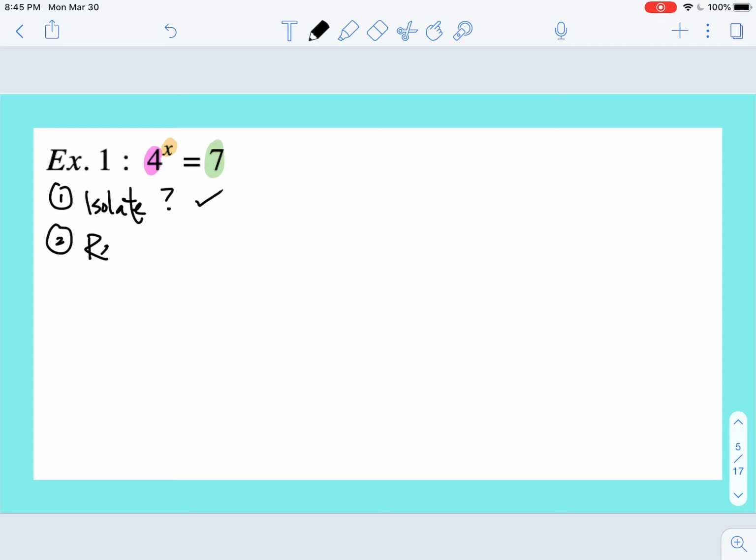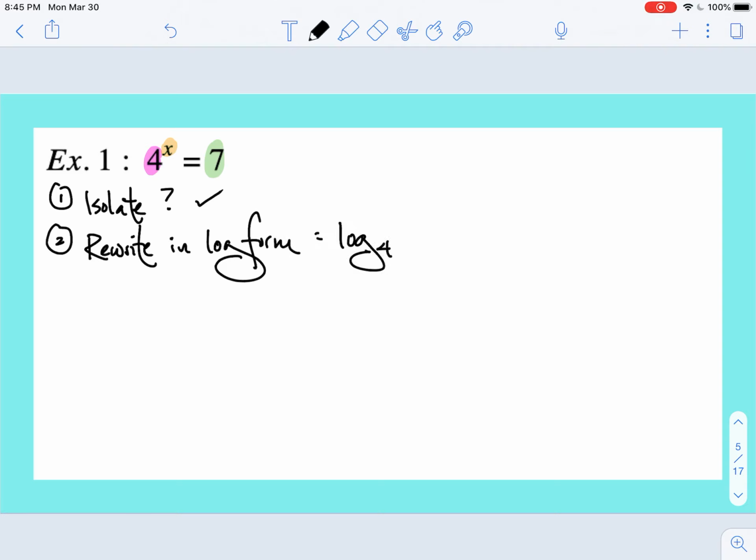And now we're going to rewrite in log form. That will give us log base 4 of 7 equals x.